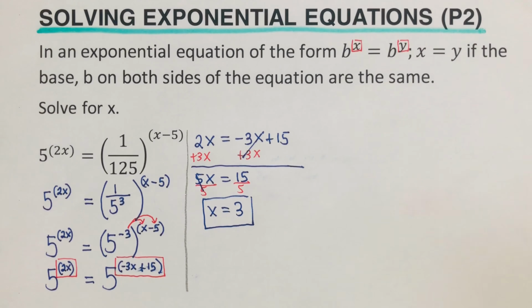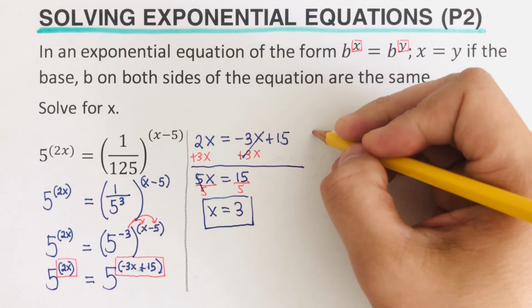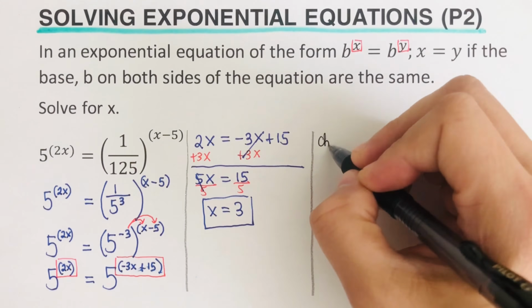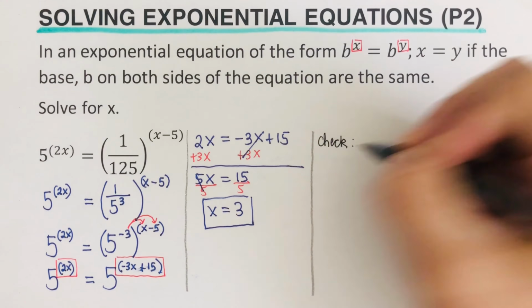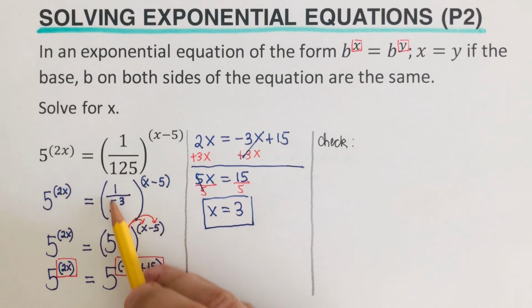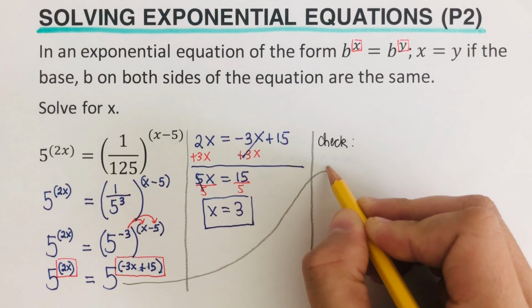Now, we can check our work if we got it right or not. So I'm going to show the checking process right here. We can actually use this equation that we have over here, since all these three are equivalent. So we can go ahead and just use this to see if both sides are equal.